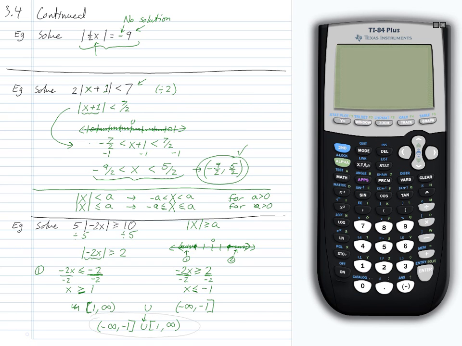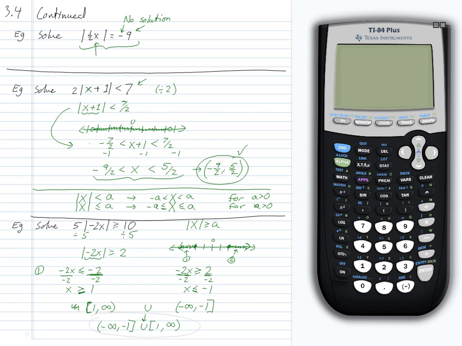Now again, checking every single x value in either one of these intervals would take literally forever. But you can plug some of those x values in, plug in negative 3, negative 4, negative 2, negative 1, make sure they satisfy the inequality. And you can plug in some of the positive x values, 1, 2, 3, 25.